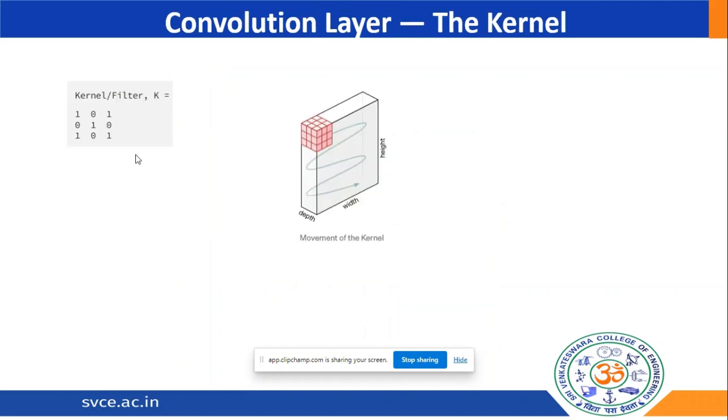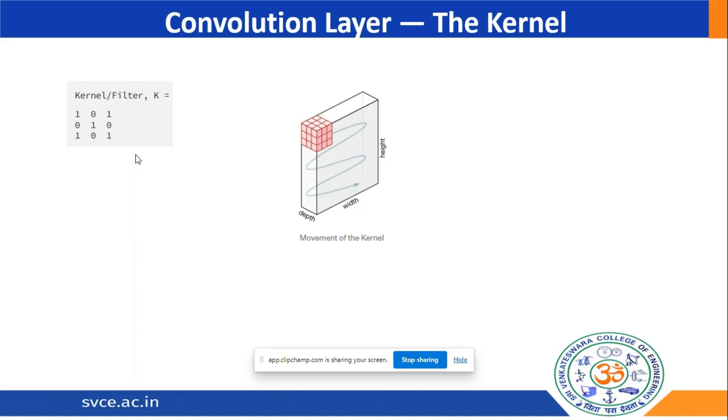So we are using a kernel K as a 3 cross 3 cross 1 matrix as given here: 1 0 1 0 1 0 1 0 0 1. The kernel shifts 9 times because of stride length 1, every time performing an element-wise multiplication operation between K and the portion P of the image over which the kernel is hovering.